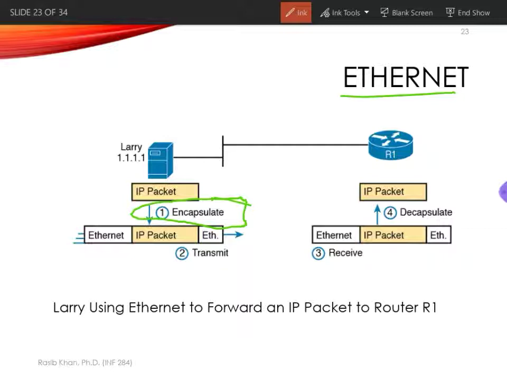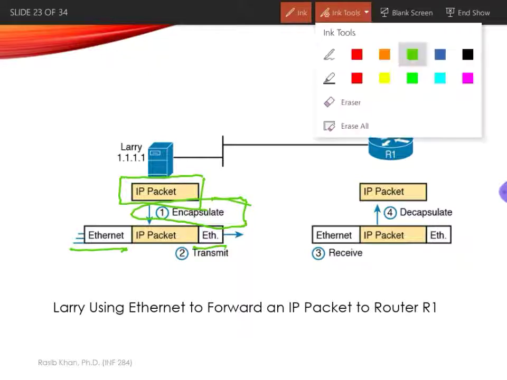And what this means is that whatever packet that Larry is trying to send from the network layer would be encapsulated with an Ethernet header and Ethernet trailer.